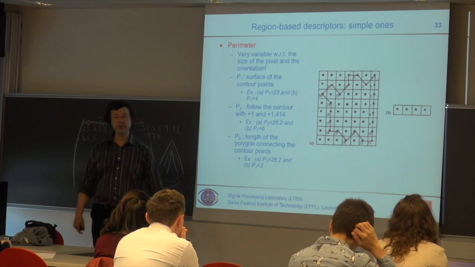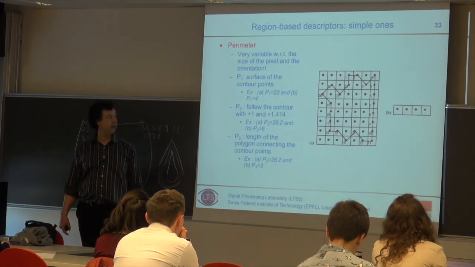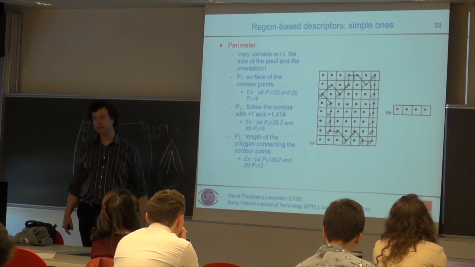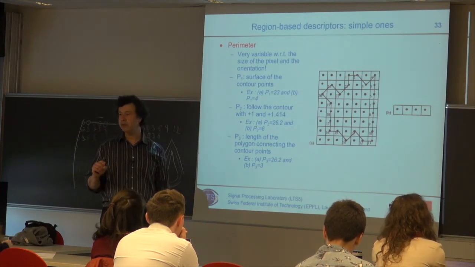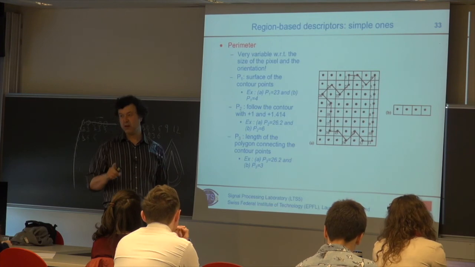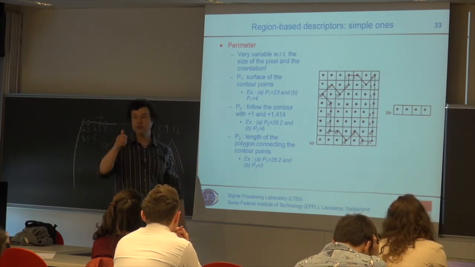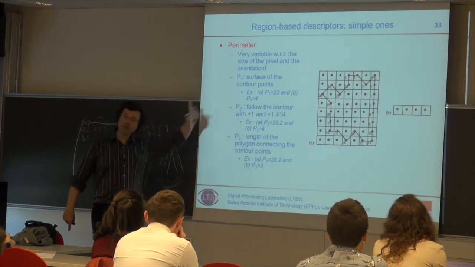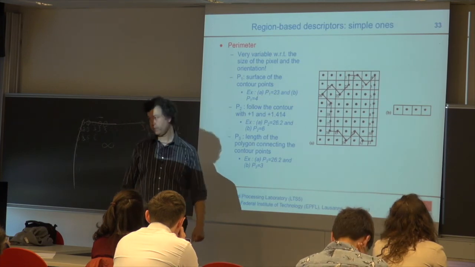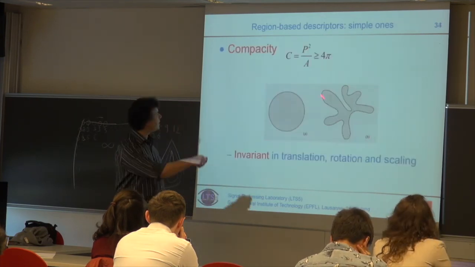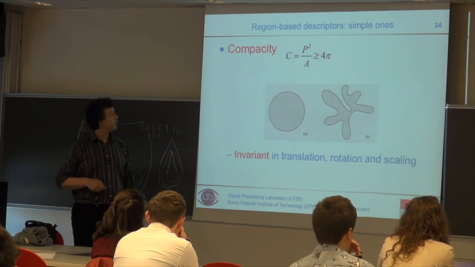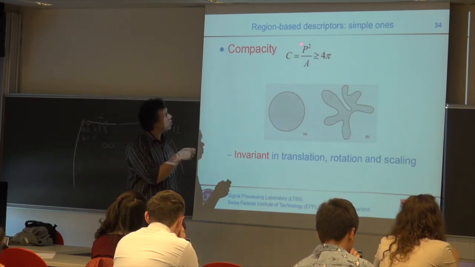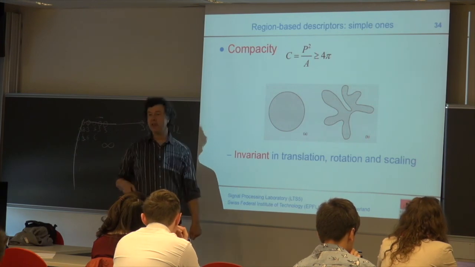3 definitions for the perimeter. I will not describe them. Read them. Why do I give you several of them? It looks stupid. There is one reason, only one. If you want to use the perimeter or the area as a feature, use any of those definitions, it will work. But if you want to calculate something which is called the compacity of a shape. The compacity of a shape is the square of the perimeter divided by the area.